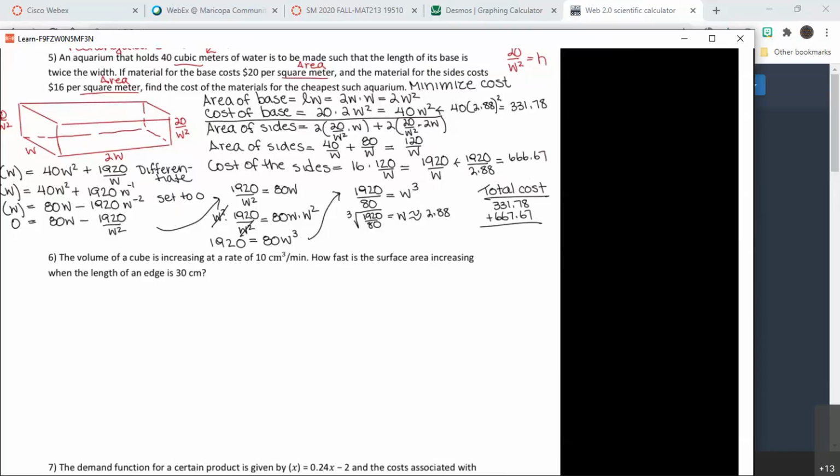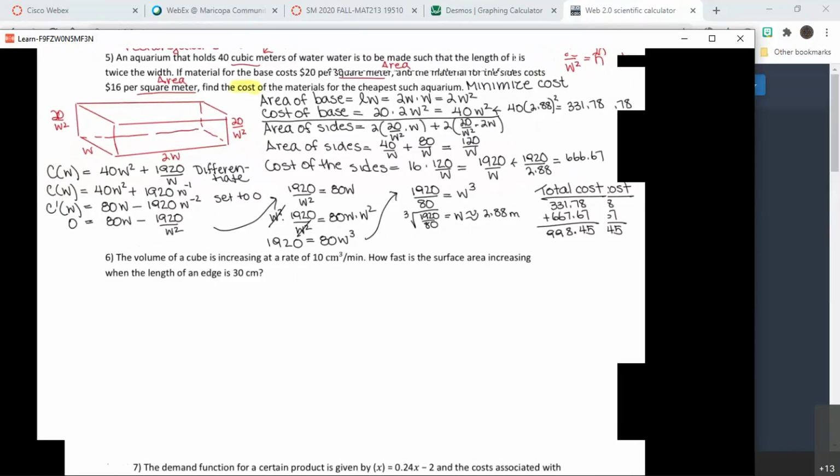So this thing is actually going to cost almost $1,000 to build. Now again, remember your widths are in meters. They didn't ask you for the actual lengths of the widths or anything. They asked you for cost.